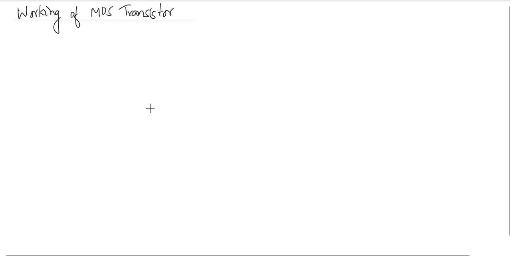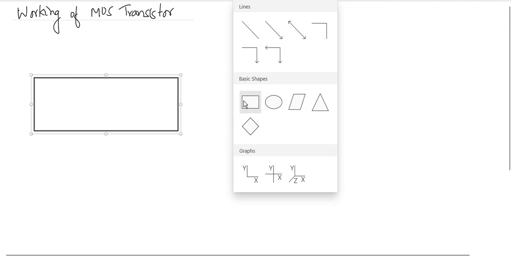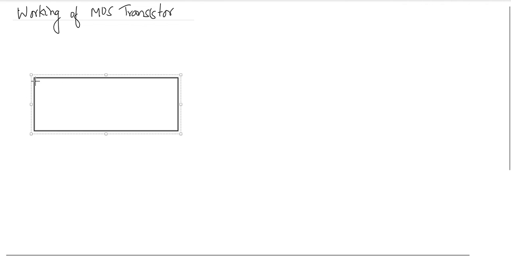So the basic structure of any MOS transistor is like a box, and inside this box we have other structures that are embedded and that decide how the MOS transistor is actually going to work.